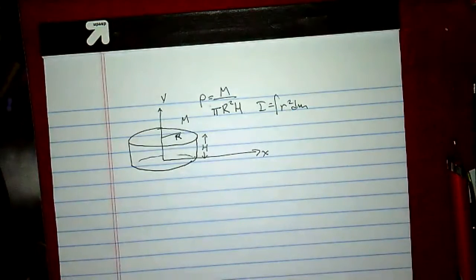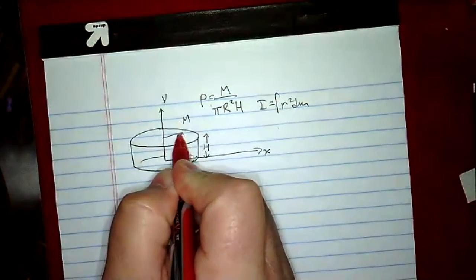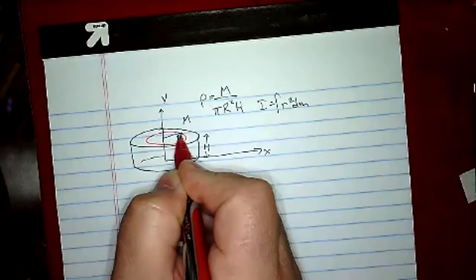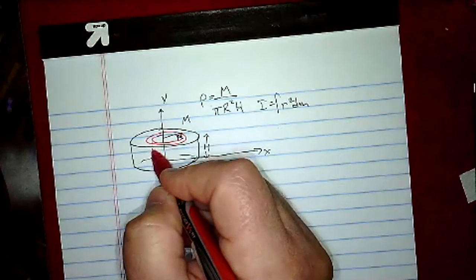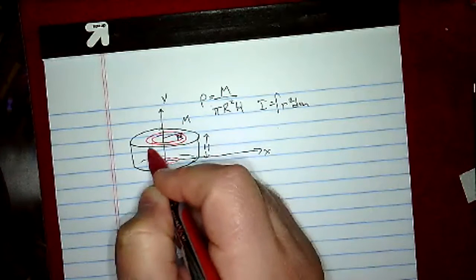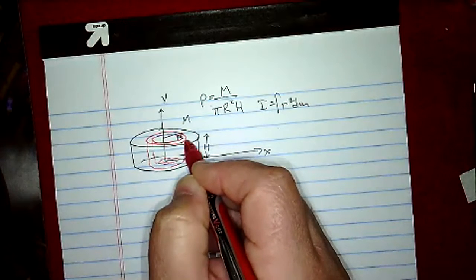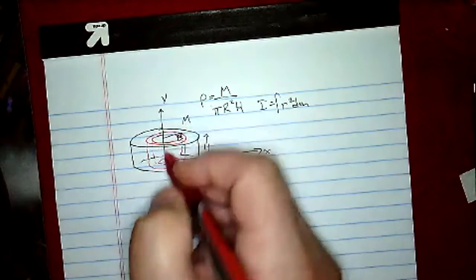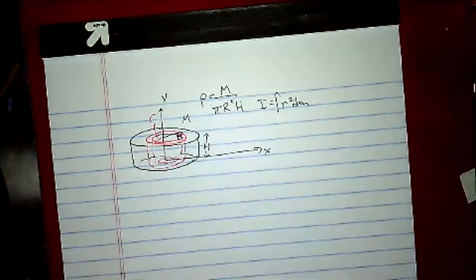So what I'll choose instead is a common trick. I'll choose a very thin shell, like so, whose radius is little r, and that's from the center of rotation up to the inside edge. That little radius right there is r.